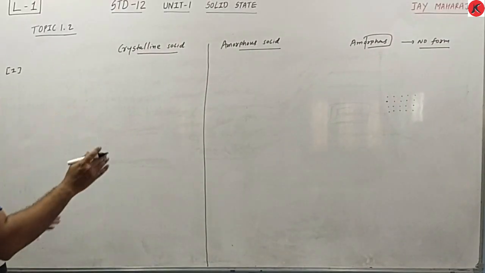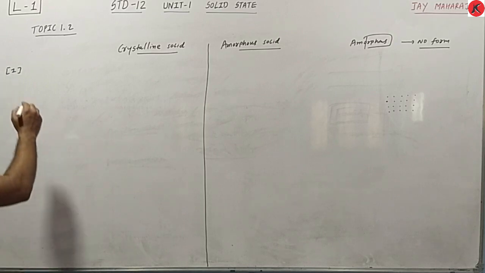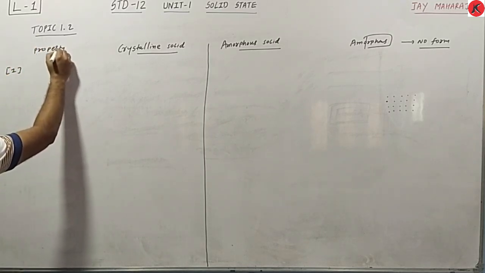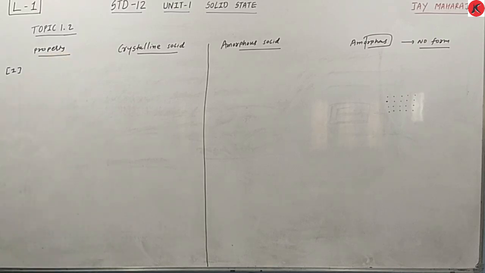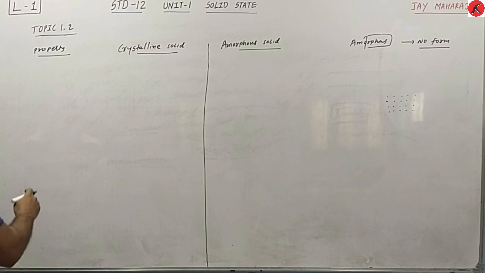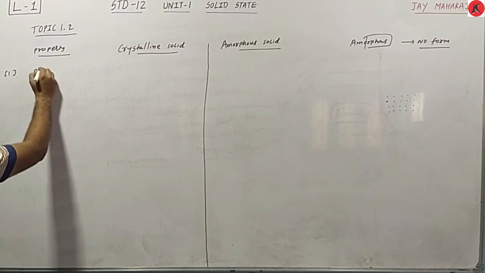That means this is the first property, the distinction between crystalline solid and amorphous solid. So we can write the property-wise difference between crystalline solid and amorphous solid. The first point, property-wise, we can say order.